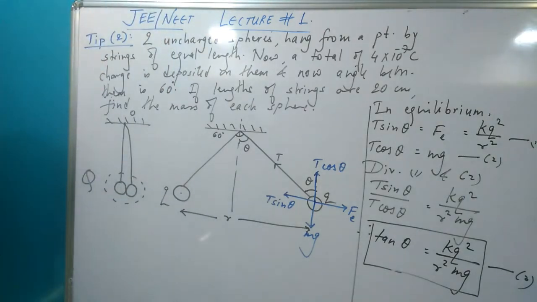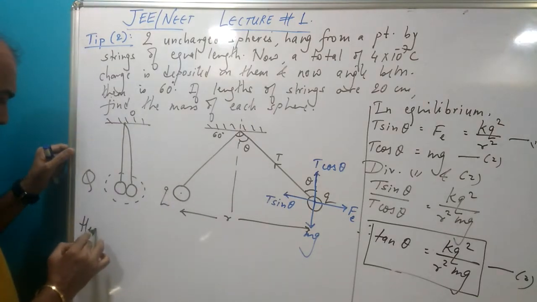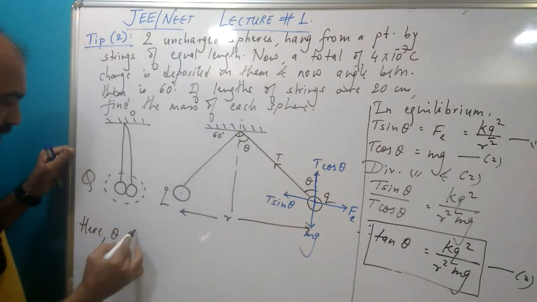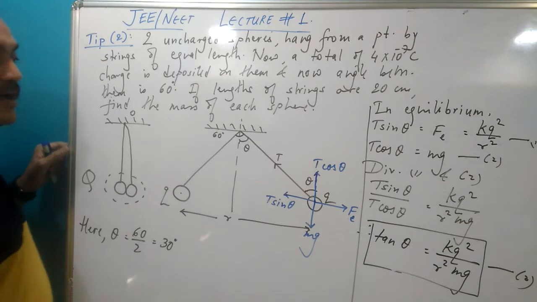So what we'll do is put the data in and find the value of the mass m. Let me see what we have. If you look here, theta is half of 60, so it is 60 by 2, which is 30.